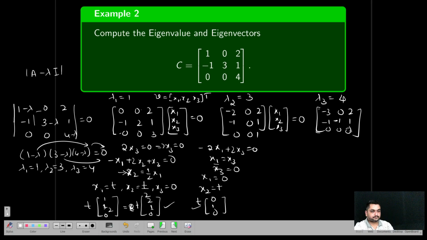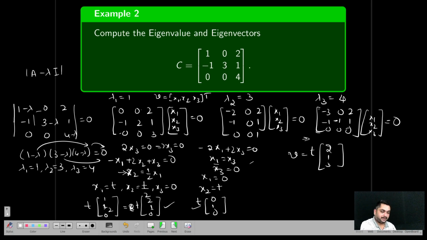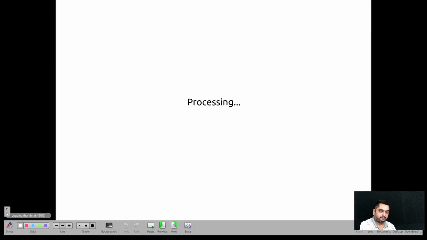Now this is the eigenvector equation for this matrix. When I apply this matrix, it will be equal to 0. So if you solve this, we'll get the eigenvector equal to t of 1, 2, 1 and 3. Similarly, in this fashion, you can solve this. Okay, this is how you have to find the eigenvalue and eigenvector.